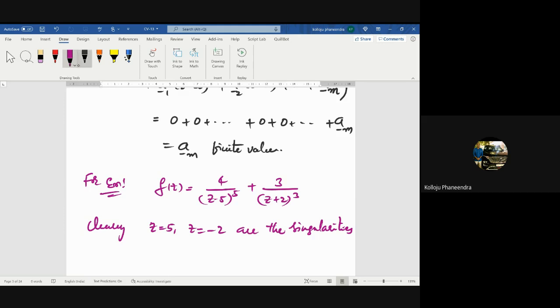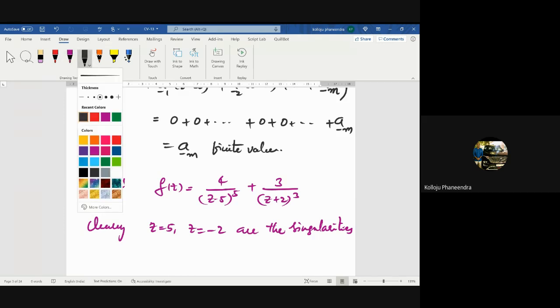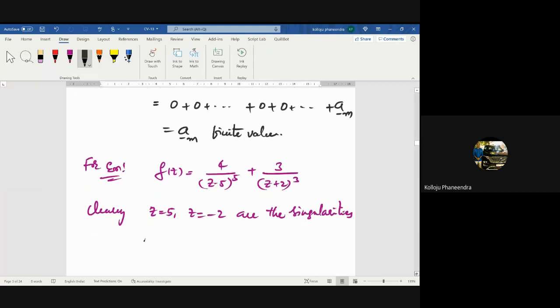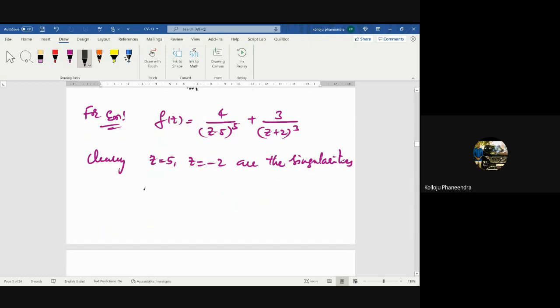Now let me take the limit. First, coming to the singularity z minus 5. If I multiply f of z by (z minus 5) to the power of 5, as z tends to 5, what does this become?